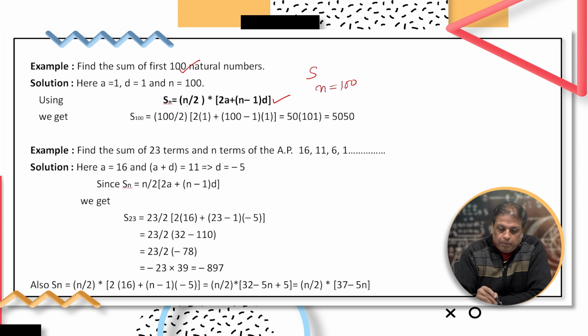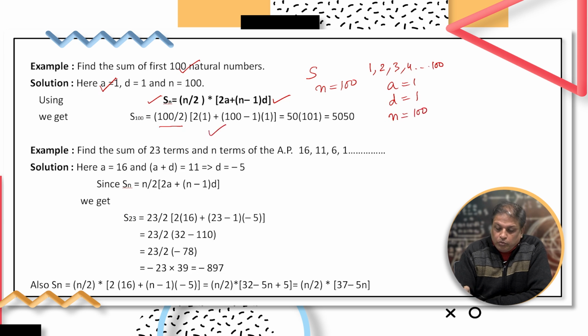So, by applying this formula, the solution will be 100 by 2. The first natural number is 1, so the AP will be 1, 2, 3, 4 up to 100. That means a is equal to 1, the common difference is also equal to 1 and n is equal to 100.